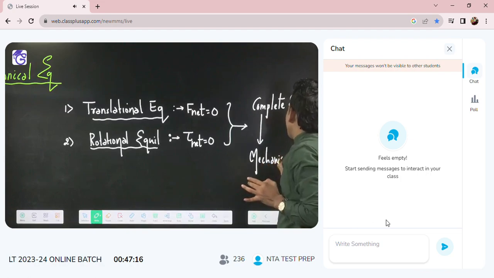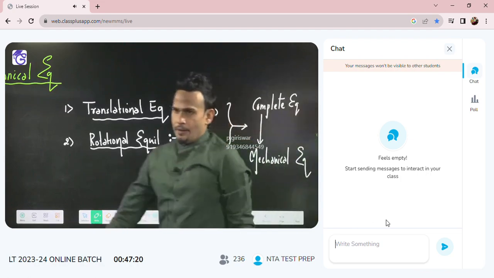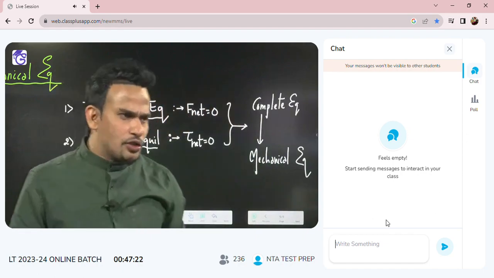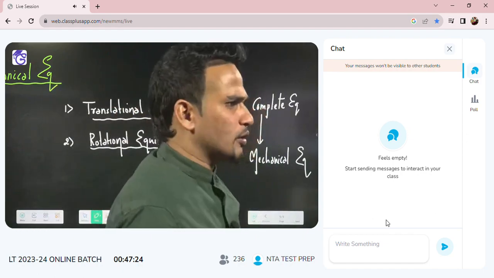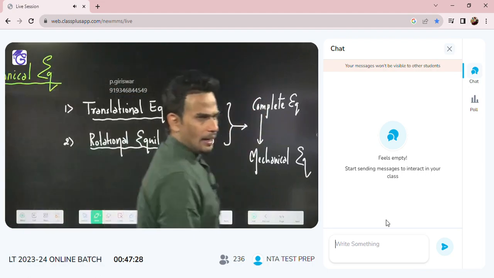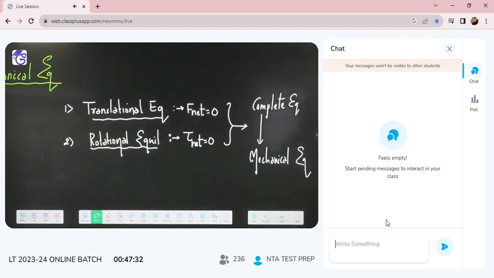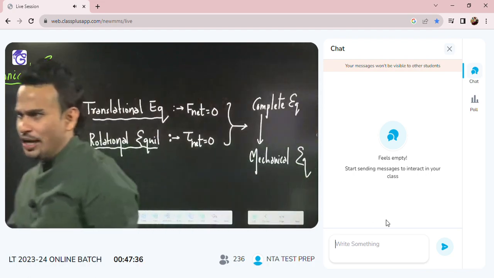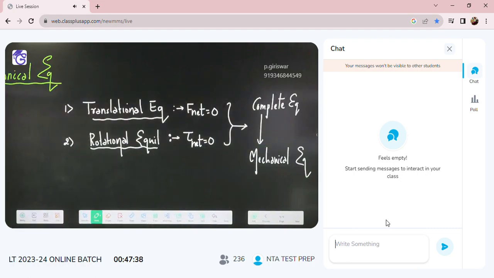We say the body is in mechanical equilibrium, which means on that body the net force will be 0 and the net torque will also be 0. Is it okay? Complete equilibrium means mechanical equilibrium: translational equilibrium is there, rotational equilibrium is also there.